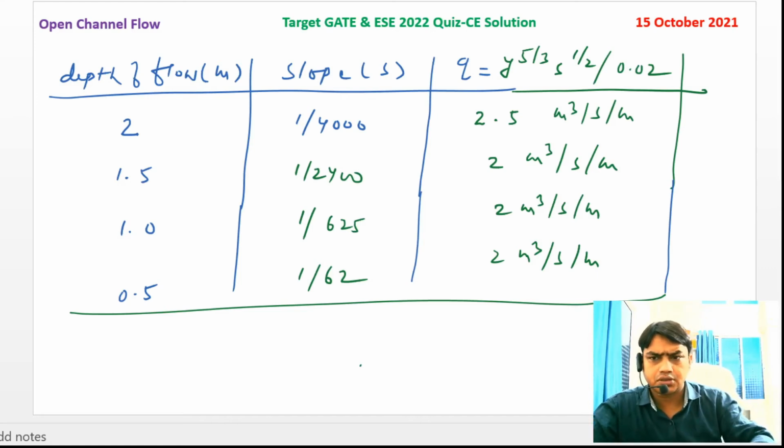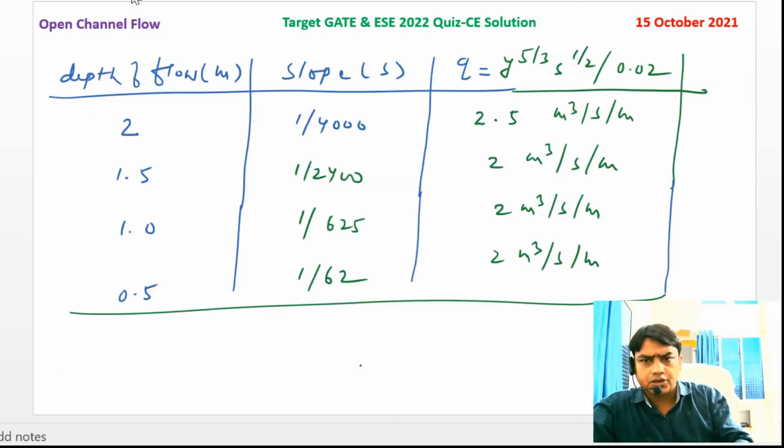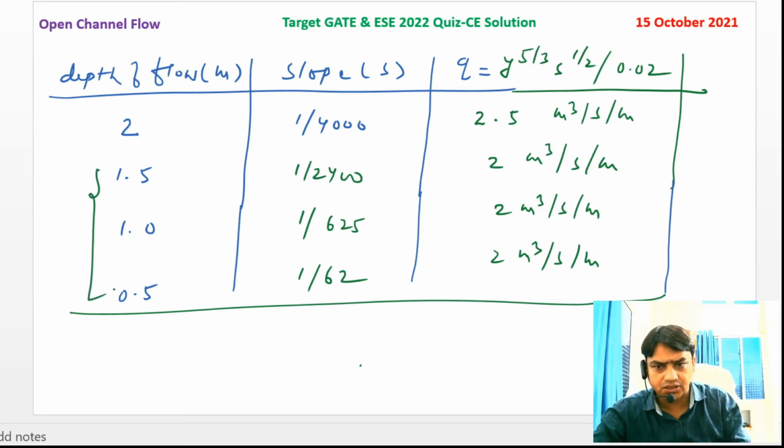In the question the discharge per unit width is given as 2 meter cube per second per meter, and for these combinations we have computed the discharge per unit width. For the first combination it is coming 2.5, and for the rest of the three, that is 1.5 meters with slope 1 by 2400, 1 meter with slope 1 by 625, and 0.5 meter with slope 1 by 62, the discharge per unit width is exactly equal to what is given in the question.